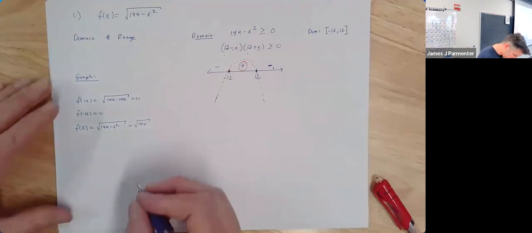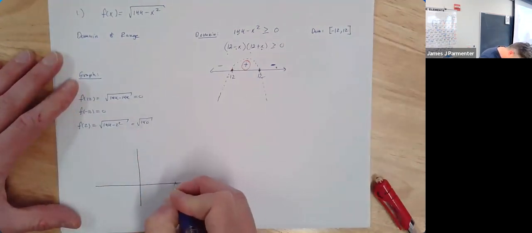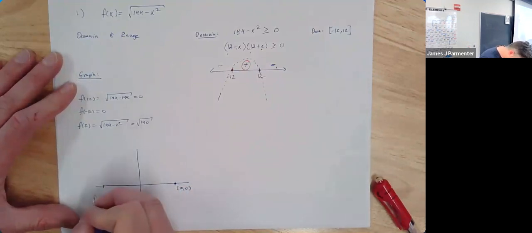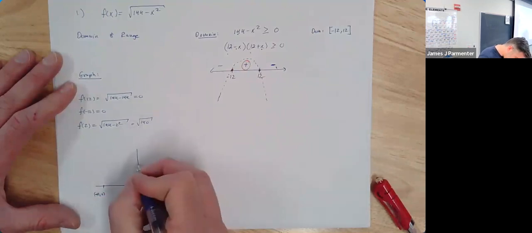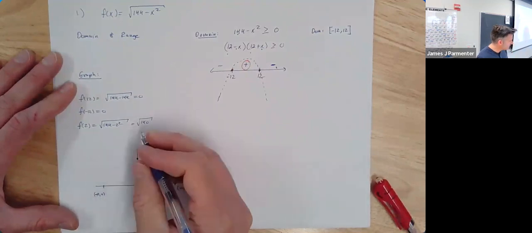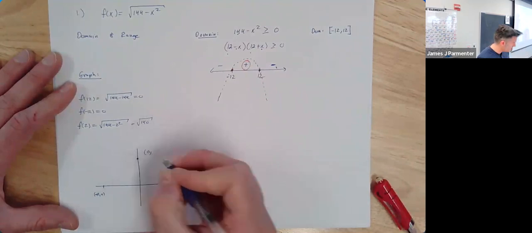So if I'm graphing this thing, I've got 12 comma 0 over here, where x is 12 and y is 0, and negative 12 comma 0 over here. And there's going to be some y-intercept. I'm going to find it by, well, if I'm on the y-axis, x has to be 0.